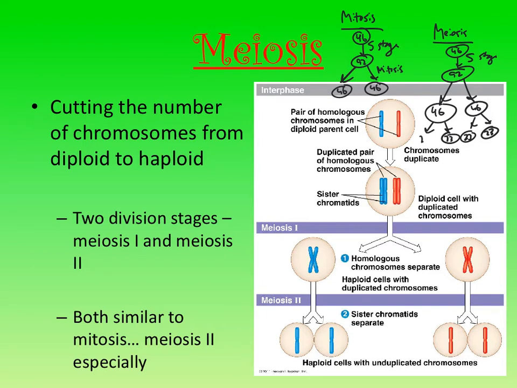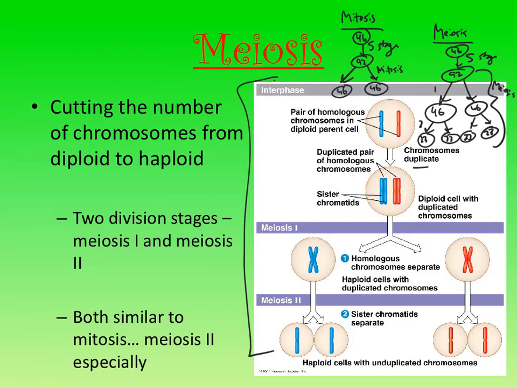So in order to do that, we're going to have to do two division steps, 1, 2, and we're going to finish up with 4 cells. And so this picture here, which I know I've now written over, is just a great simple illustration that shows you this. Here's interphase with duplication. Then meiosis 1 is going to split the cells once. Meiosis 2 is going to split those cells again.